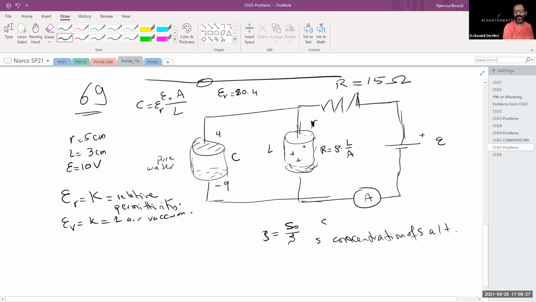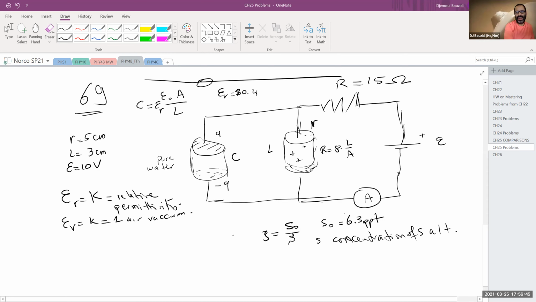And S naught is a nominal value that is typical of water. For water, this is 63.30 ppt, parts per thousand.